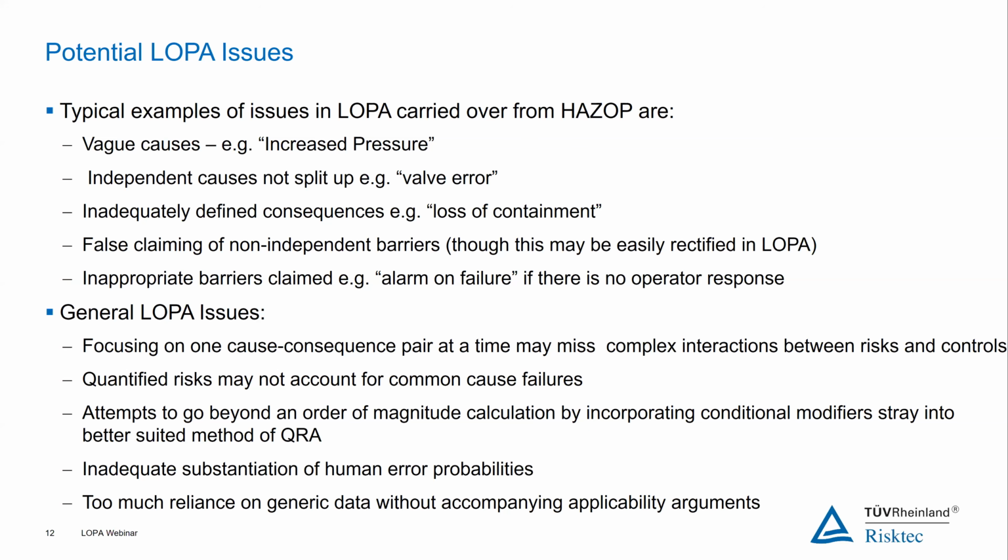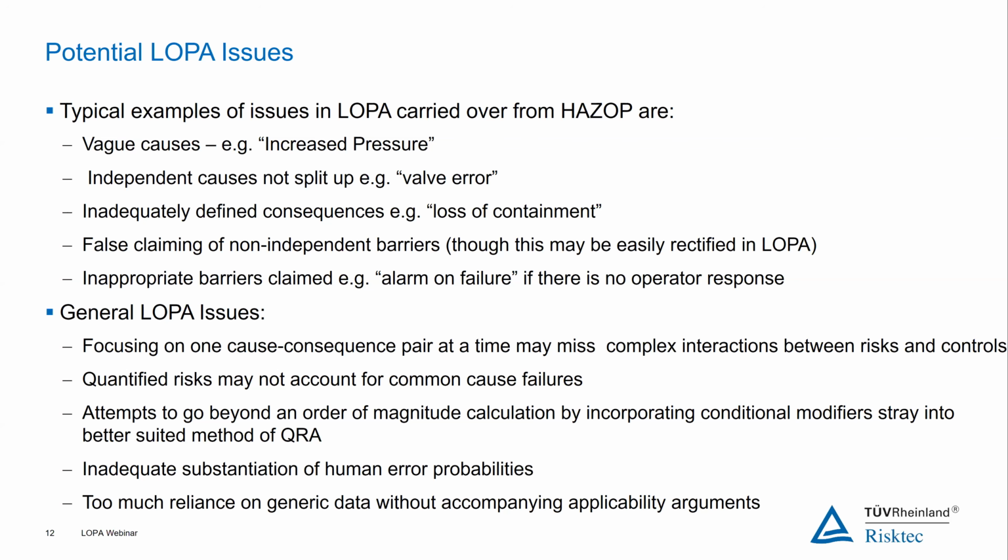Falsely claiming non-independent barriers. This is one that is fairly easily rectified within the LOPA and not really a huge concern if it does happen, because it's going to be one of our steps. But for barriers that are controlled by the same control system, or actions or activities that are carried out by the same person, we will have to make sure that we're not carrying both of them forward for the LOPA.